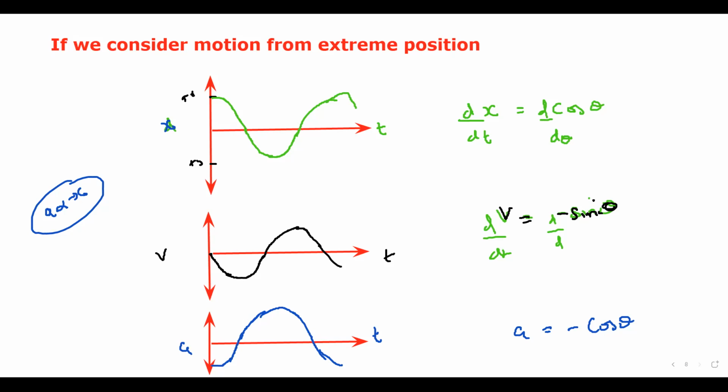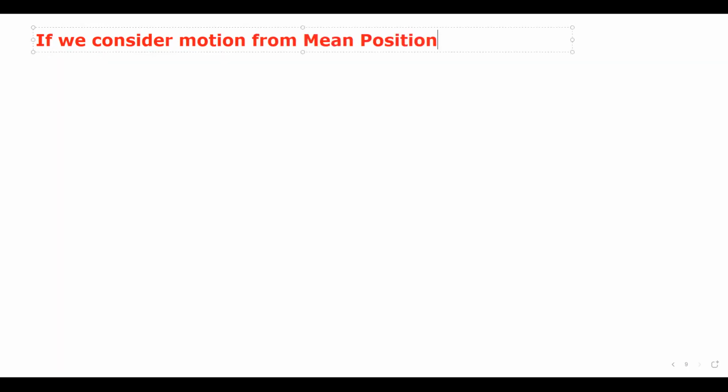And in the same way, if we consider the motion of an object from the mean position, we can have a displacement time graph, velocity time graph, and acceleration. In the exam, you will find a very common question regarding this. So the important thing is that you should understand the concept of derivative.